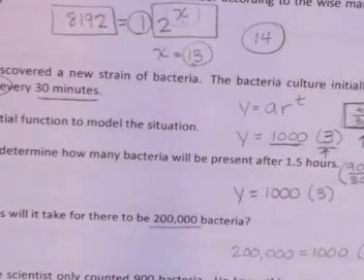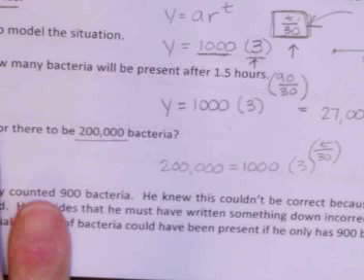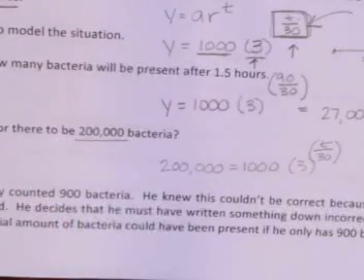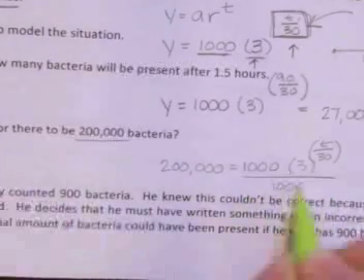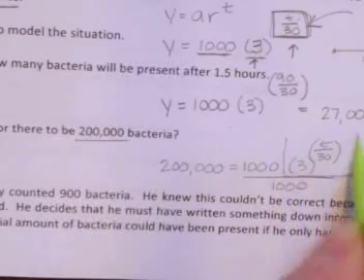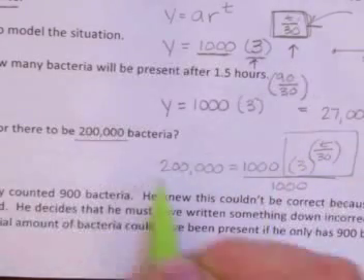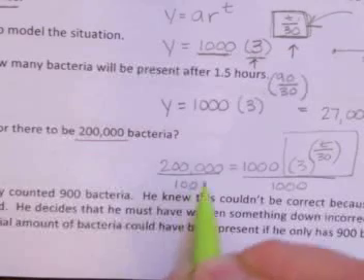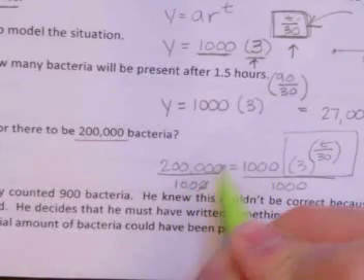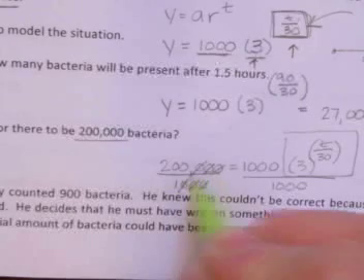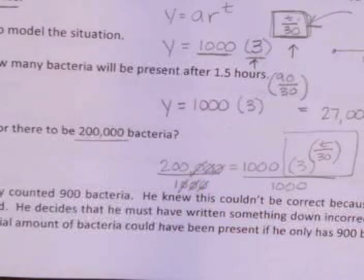So let's take a look at how we're going to sort that piece out. The first thing I do is I divide both sides of this equation by 1,000. I like to get this piece with the exponent all by itself. And so if I divide by 1,000, that's just like taking off some zeros, right?